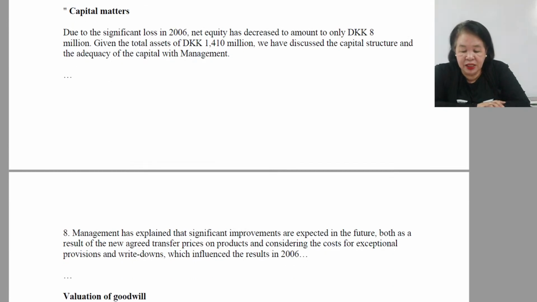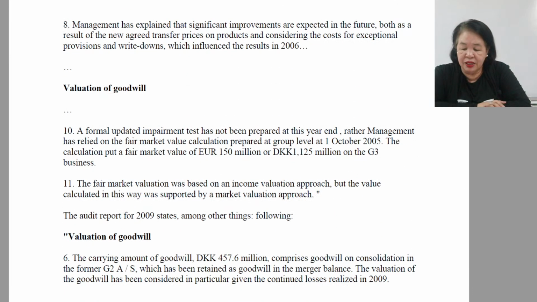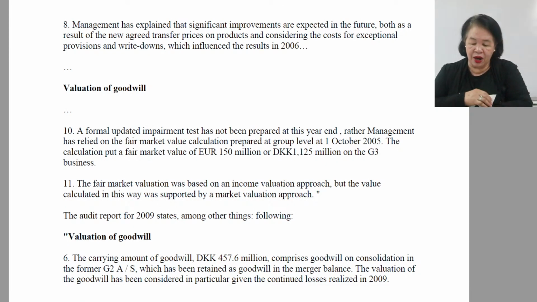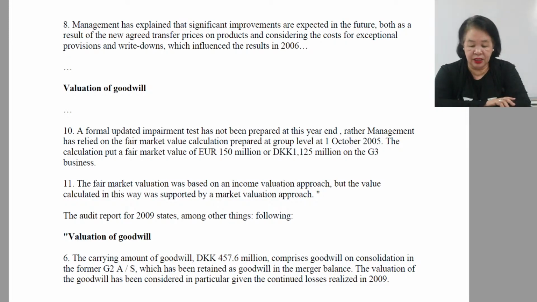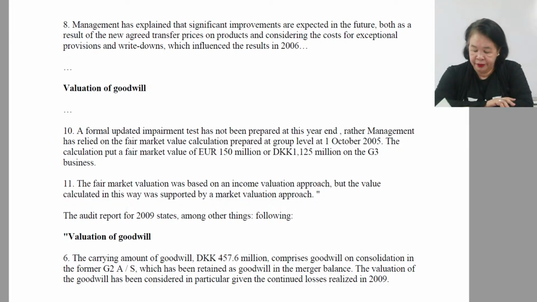So management has explained that significant improvements are expected in the future, both as a result of the new agreed transfer prices on products and considering the cost for exceptional provisions and write-down which influenced the result in 2006. No? Okay. So, valuation of goodwill.